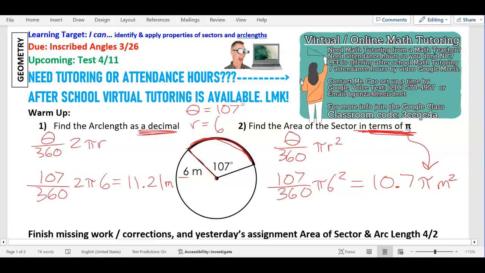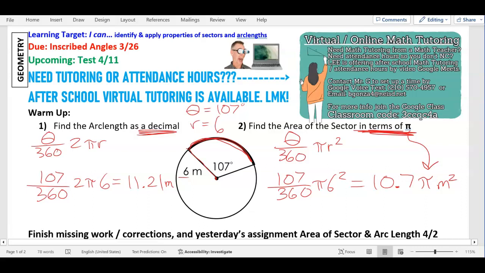Very important. Let's recap. From this one picture, there are two things you can find. The arc length, which is the edge only, the arc. The sector is all the area inside of that slice. Here's your formula for arc length. Here's your formula for sector.